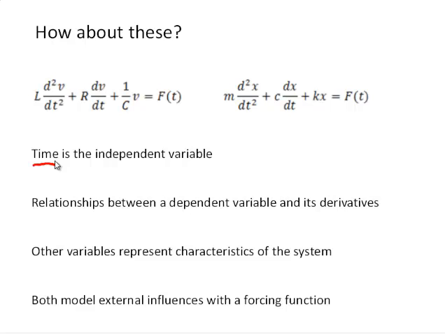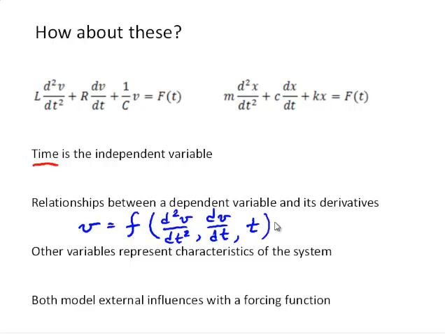So for the RLC circuit, V is some function of dV/dt, the first and second derivatives, as well as t if there's a functional relationship of t.